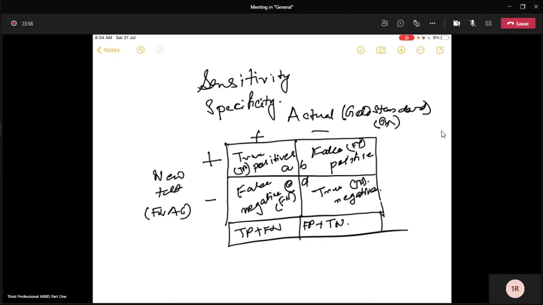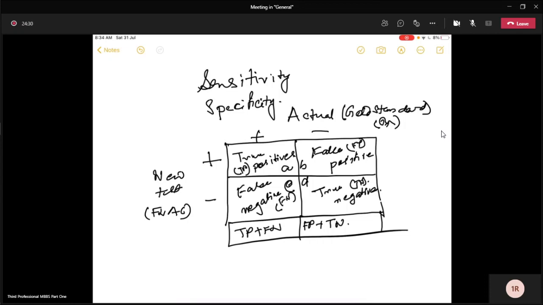So I want to see that among the actual positives, which of the subjects have the new tests been able to diagnose as positive. মানে যতগুলো পজিটিভ অ্যাকচুয়ালি আছে তার কত পার্সেন্ট নিউ টেস্ট পজিটিভ ধরতে পেরেছে। I want to know that.